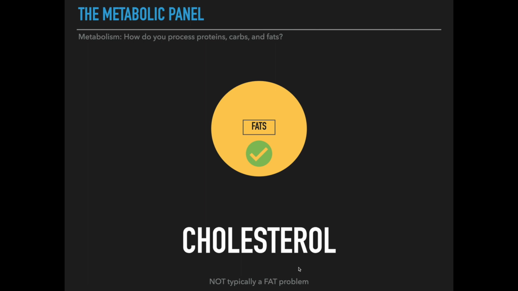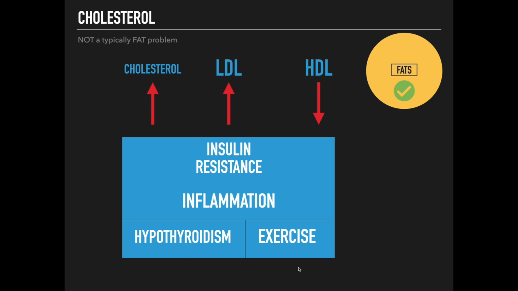Talking about cholesterol specifically, it's not a fat problem typically. Most commonly what I see in the office when we're correcting those issues, it's not because somebody's eating too much fat. On the lab report, you're going to see not only the total cholesterol, but the bad cholesterol, the oxidized LDL, and a depressed HDL when you have either insulin resistance or some sort of inflammatory reason, which is almost just as common in the office as seeing insulin resistance.